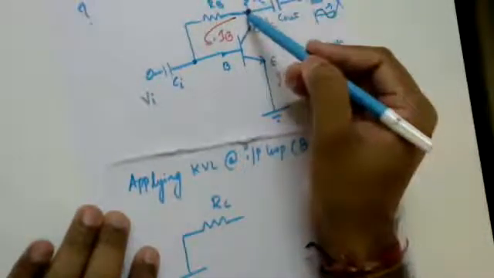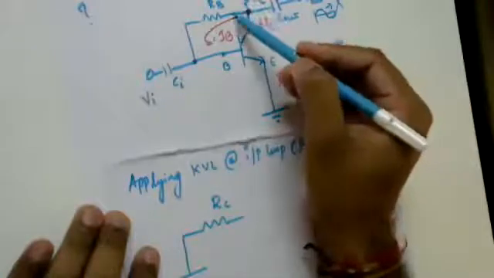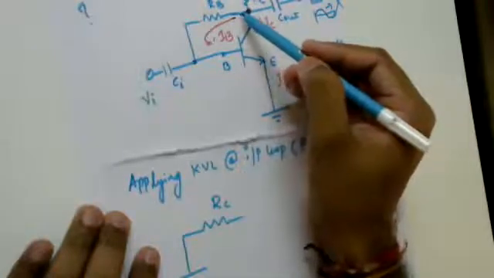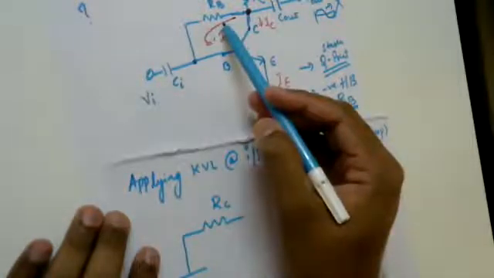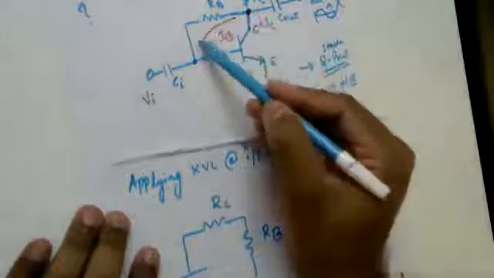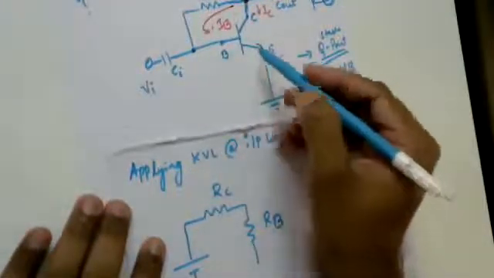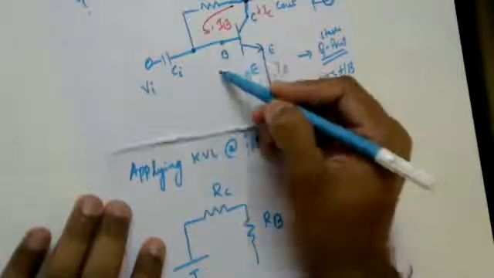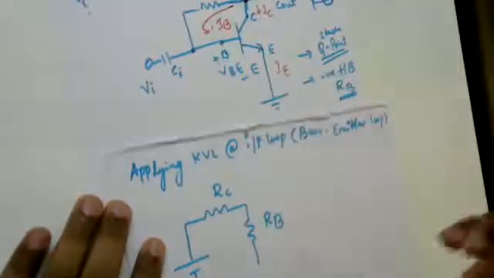From this resistance RC, it is connected to the resistance RB. Then from this resistance RB, next I am having the base emitter voltage drop VBE. This is positive, this is negative.